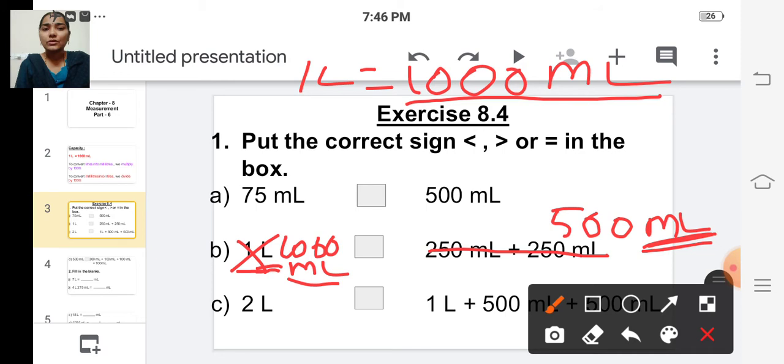Here 1000 milliliter and here 500 milliliter. Which one is big? 1000 milliliter is greater than 500 milliliter, right? So the symbol should be greater than.